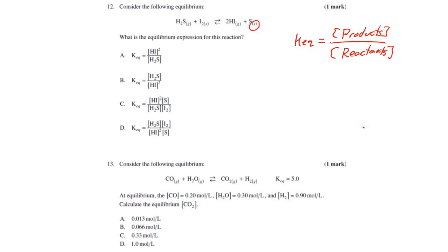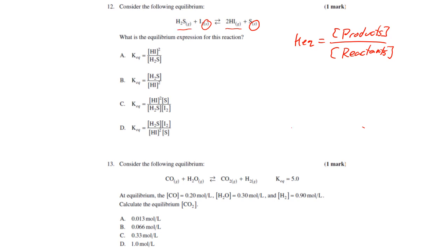This is a solid. A solid does not have a concentration, and so that does not go into your KEQ expression. This is a gas. That does have a concentration. This is a solid. It does not have a concentration, so it does not go into your KEQ expression. This is a gas, so it will.